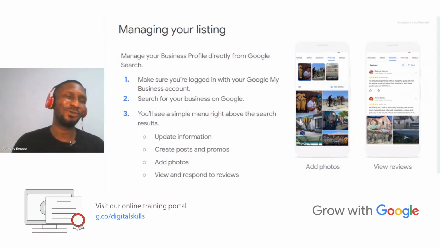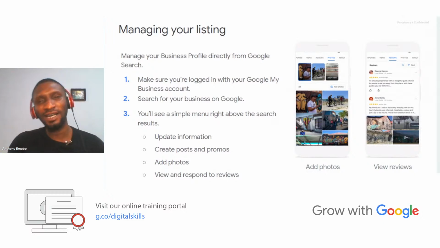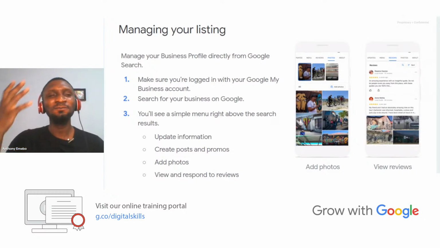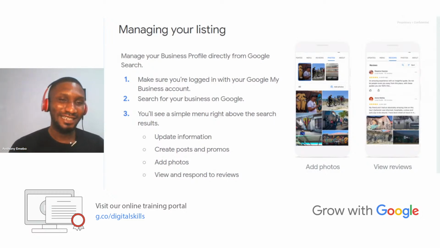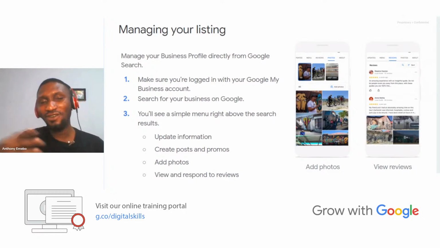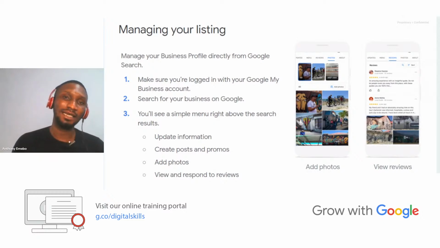If you're worried about not having the time to go back to Google My Business, all you need to do to manage your listing now is just search for your business on Google, if you're using the Google app or Chrome. So far, you are logged into the Google account you used in creating it. If you're logged into a different account, you won't find this option available.